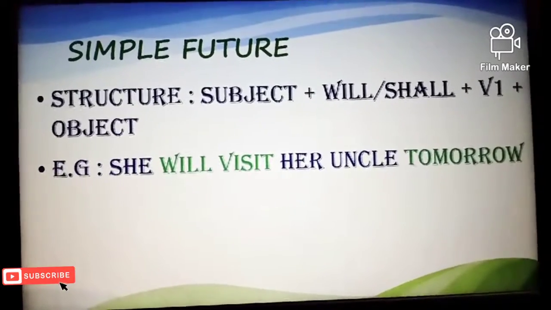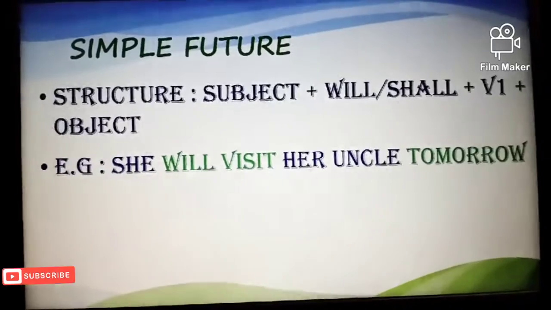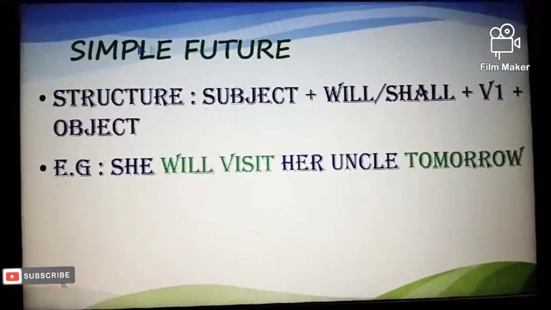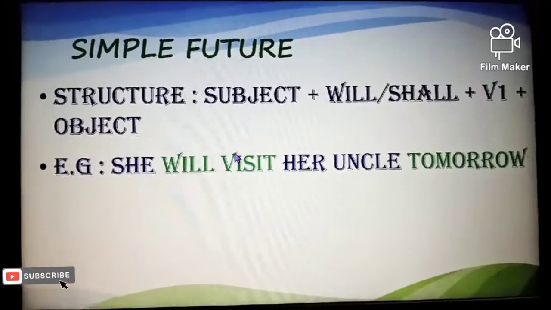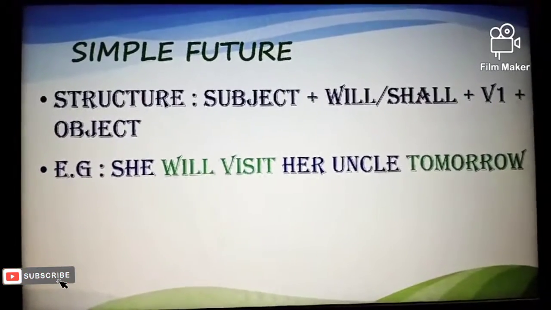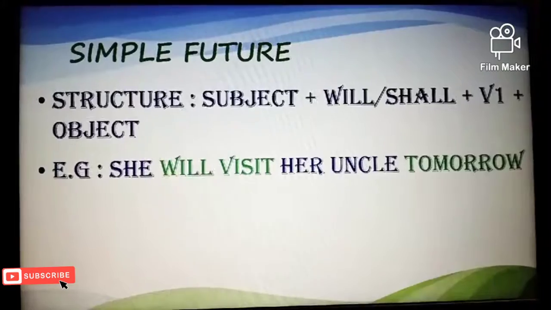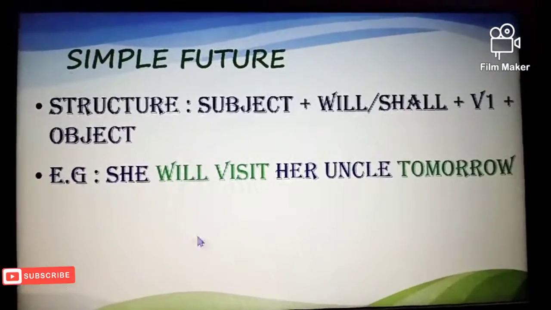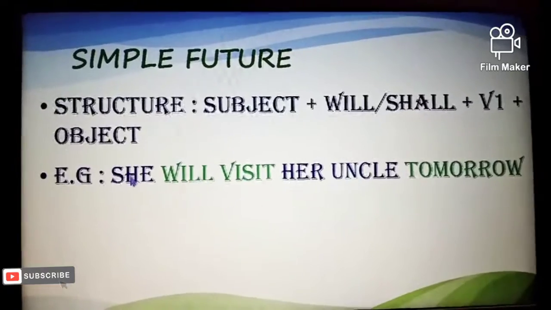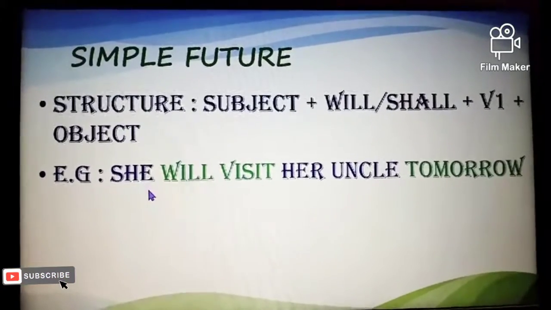Before moving further to the example, I would like to stress the structure. The important part in the tense is to utilize the structure in a better and efficient way. So you shall study the structure properly.